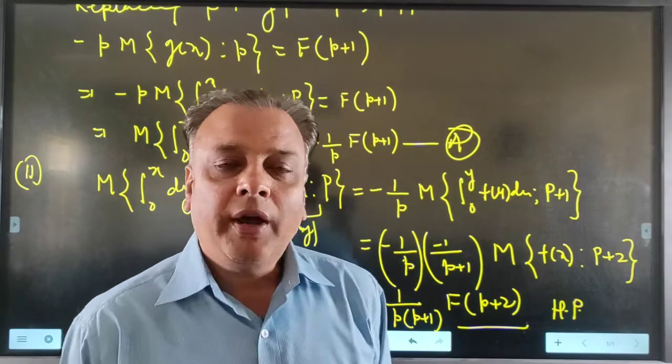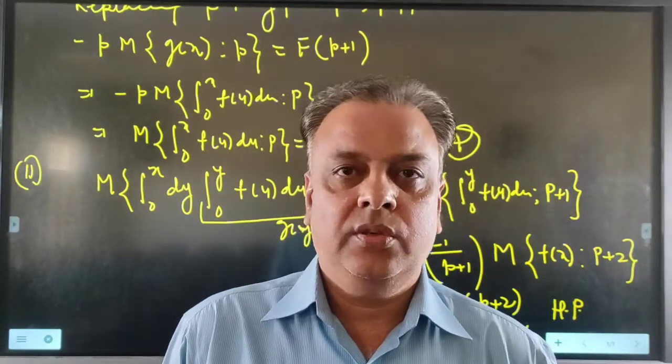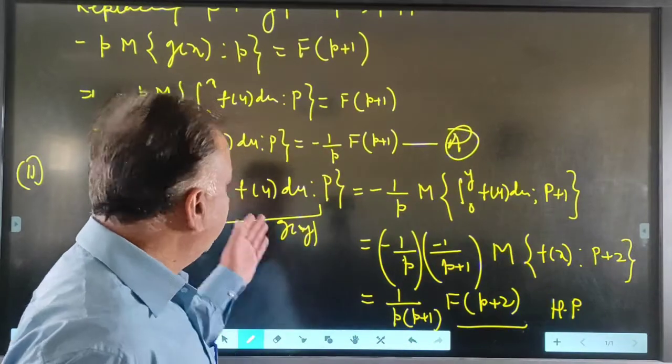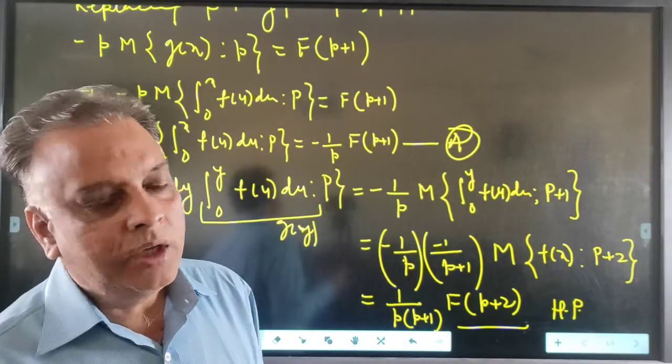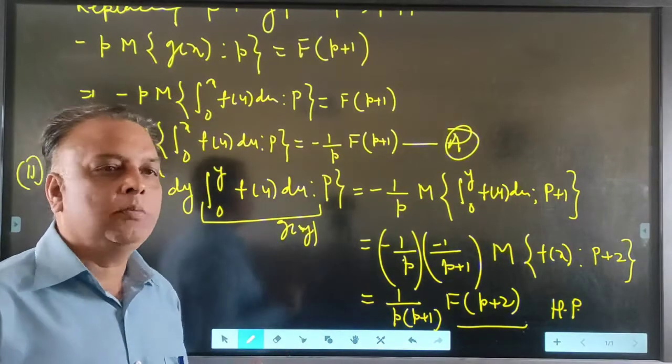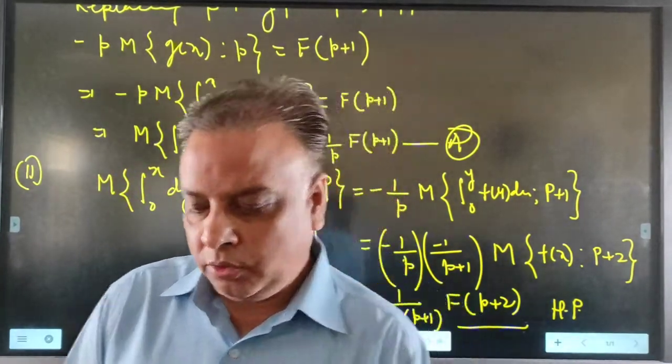So by using the Mellin transform of the derivatives, we can find the Mellin transform of the first integral and the repeated integral in the same manner. Thank you very much.